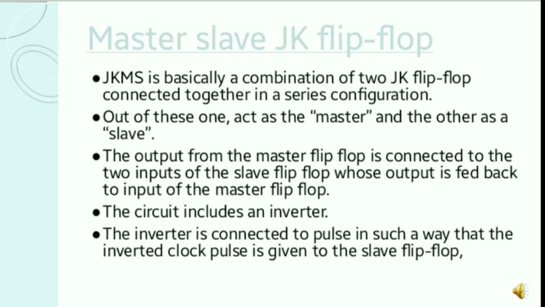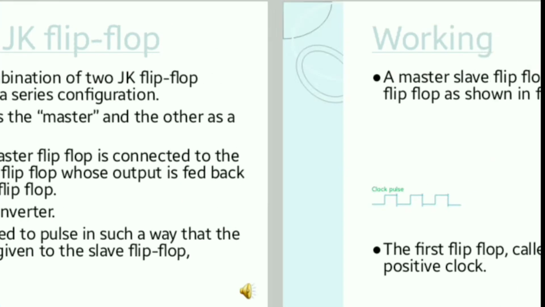The output from the master flip-flop is connected to the two inputs of the slave flip-flop, whose output is fed back to the input of the master flip-flop. The circuit includes an inverter. The inverter is connected to the clock pulse in such a way that the inverted clock pulse is given to the slave flip-flop.